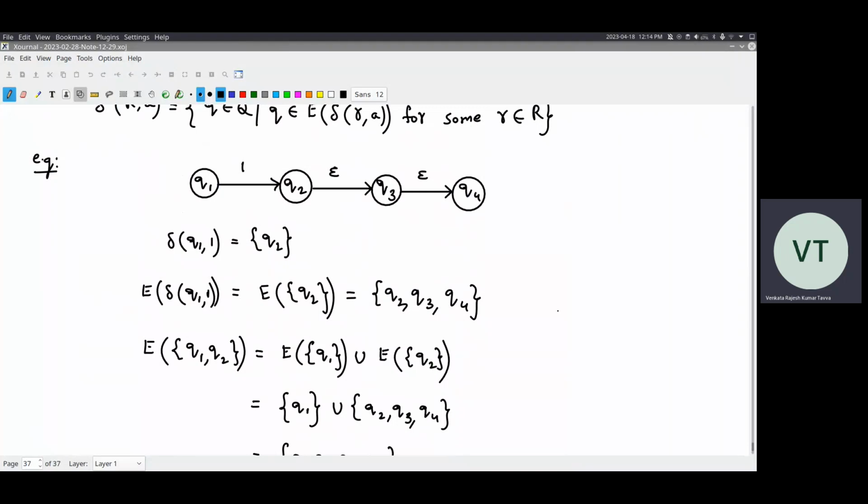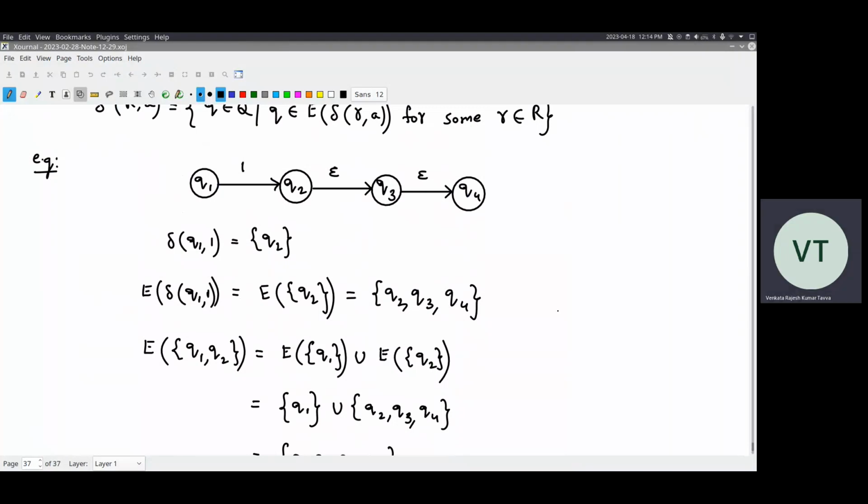I already reached Q1, so that will anyway be included. Once I reach Q2, without reading any more input, I can also reach Q3 and Q4. So from Q1 and Q2, without reading any more input, I can reach Q1, Q2, Q3, Q4. So the intuitive way of understanding that same thing is captured here mathematically, nothing more.